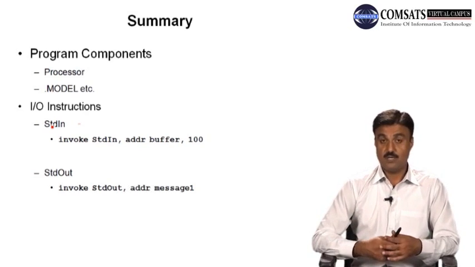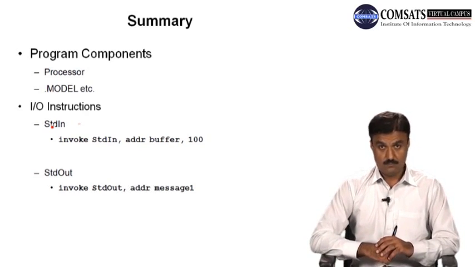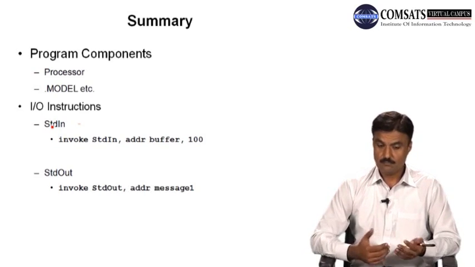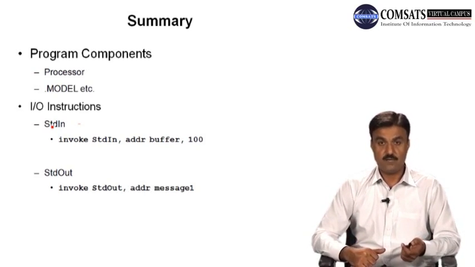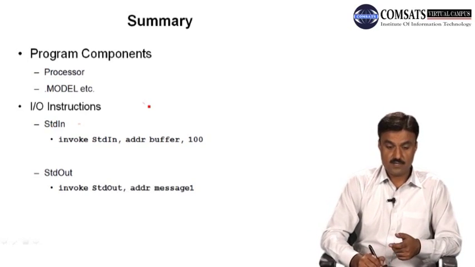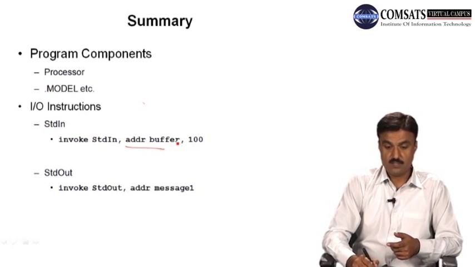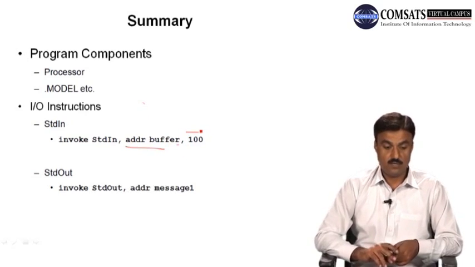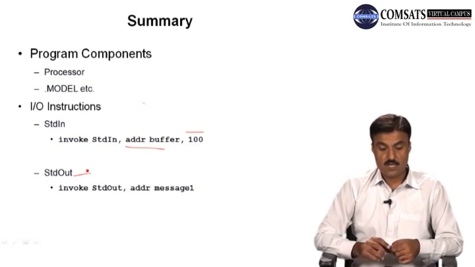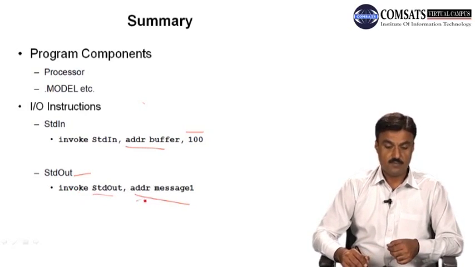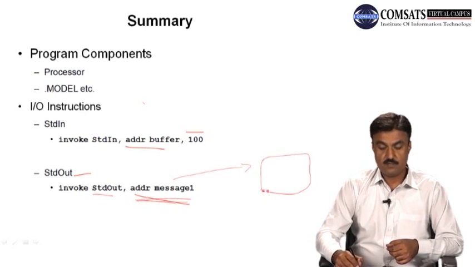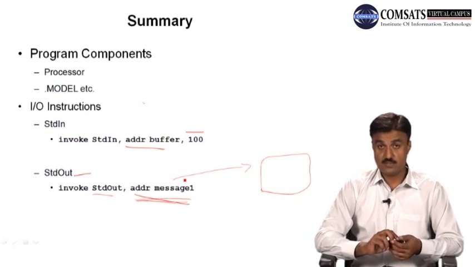Then we discussed the input output instructions, like for example STDIN, to receive the input from the keyboard or standard input device, which is stored inside the buffer area. The buffer area starting address is defined here as the first parameter. The next parameter is the size of this buffer area. The next instruction was STDOUT. This instruction sends the output, the buffer area inside the memory, towards the monitor, where it will be displayed on the screen.